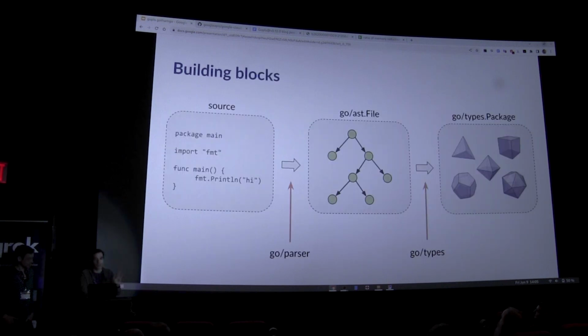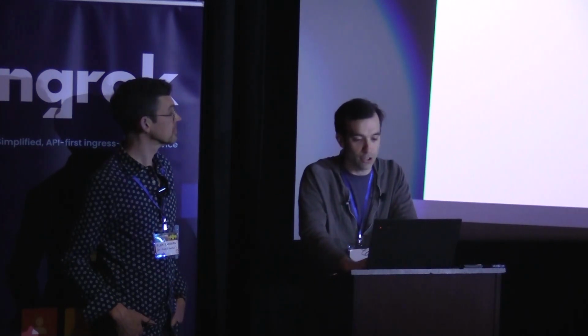But since we're going to get into some of the nitty-gritty details later, it's worth stepping back and asking, how does any of this stuff work anyway? And so I'll give a super brief overview. In order to understand Go programs, there's a standard process that almost all tools use. They load package definitions using some build system, such as the Go command, and then they parse the resulting files and they type check them.